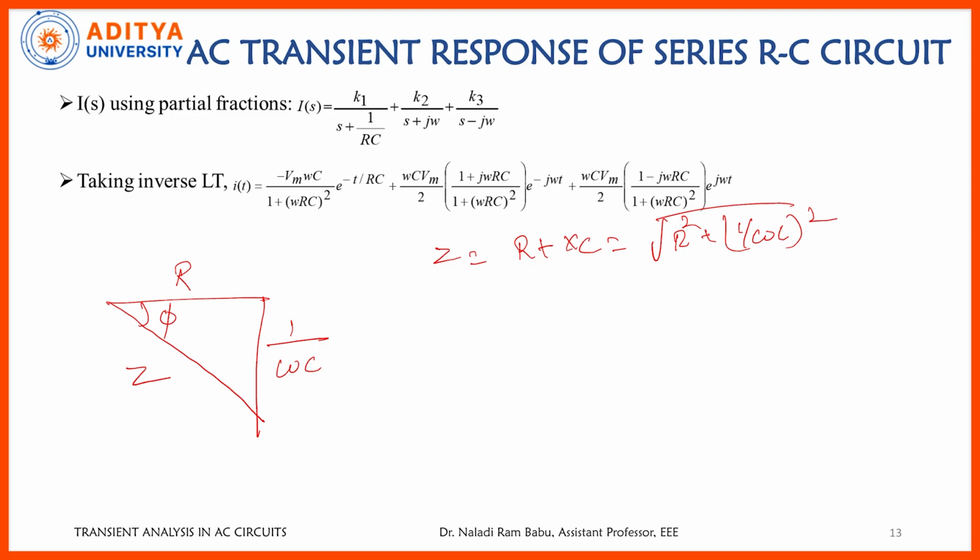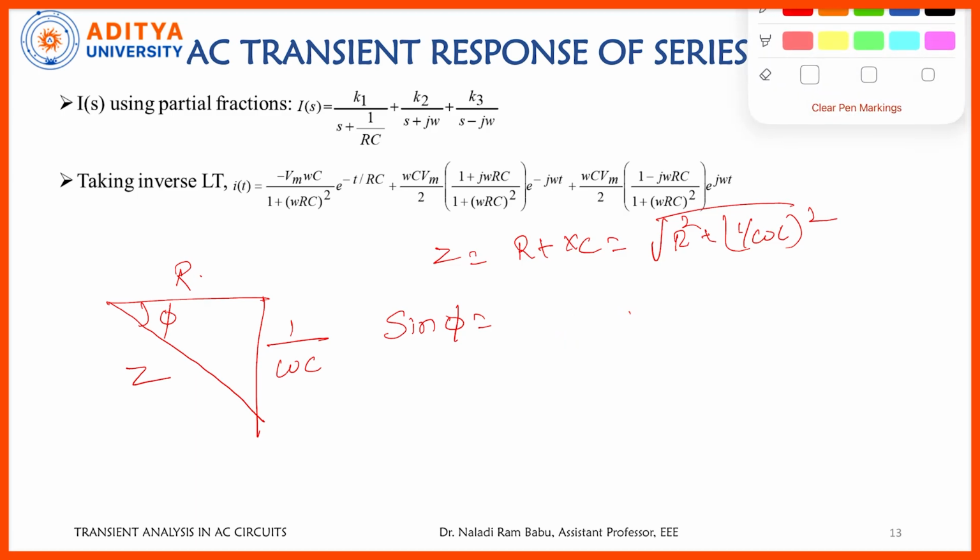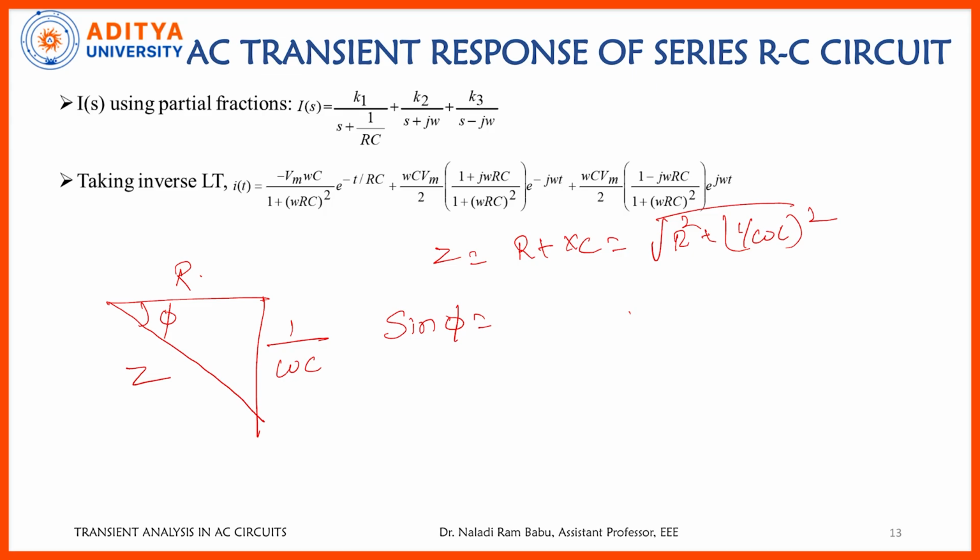Sin phi is equal to the opposite side XC by Z. The value of XC is 1 by omega C, and the value of Z is the square root of R square plus 1 by omega square C square.